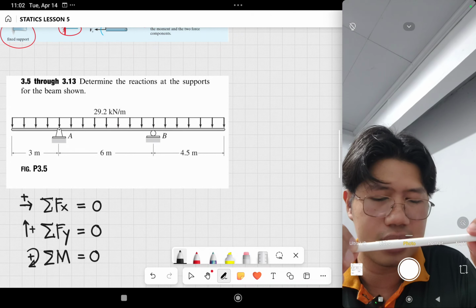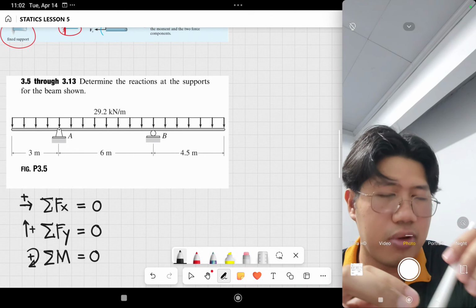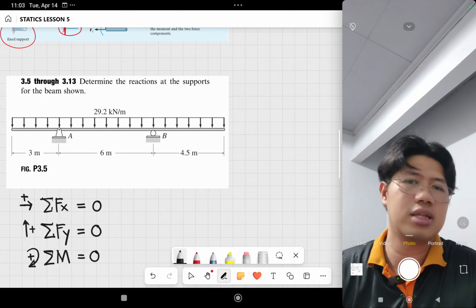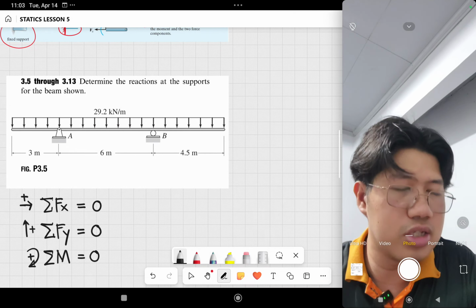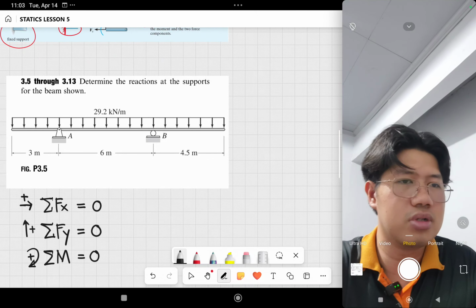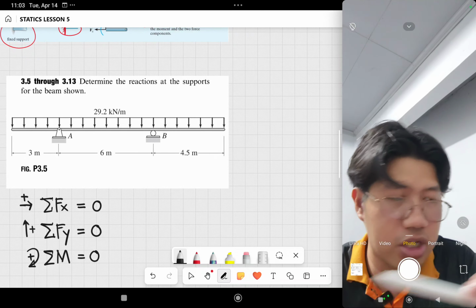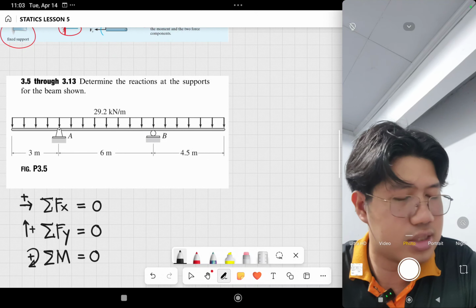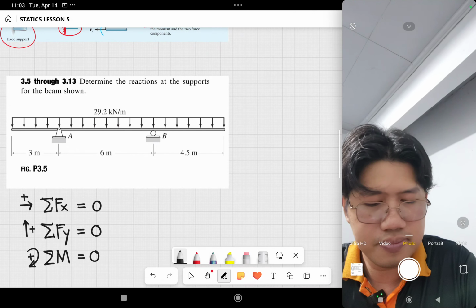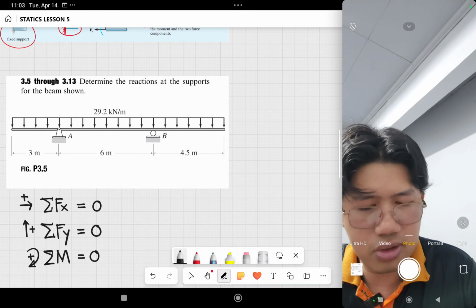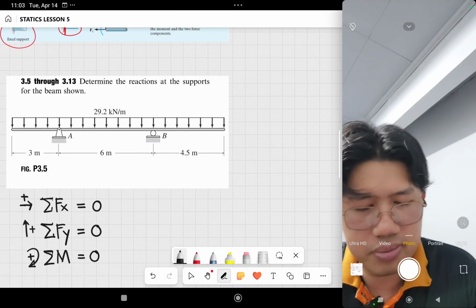Ganun siya mananatili. Okay, so it requires na sa bawat point sa ating rigid body or sa ating structure, dapat walang gagalaw. Yun yung summation moment equals 0. Or yun yung tatlong equations of equilibrium natin.